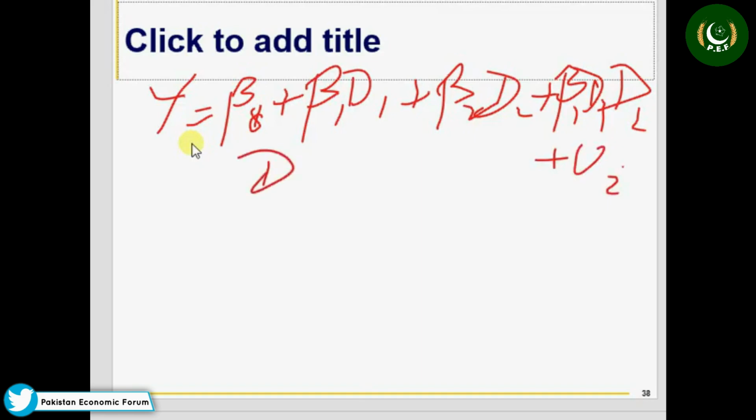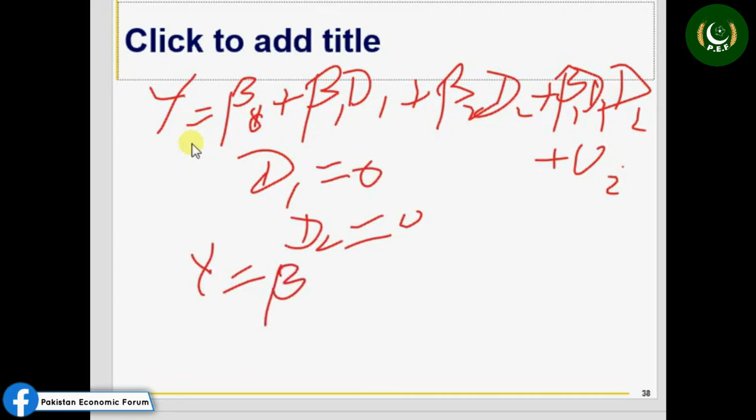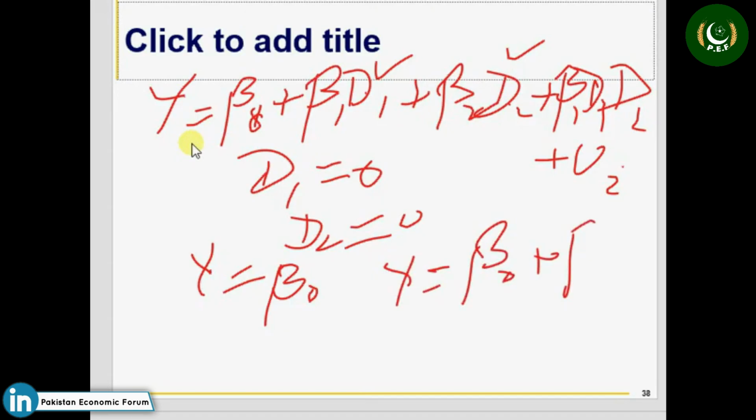So what do we say? When d1 is 0 and d2 is 0, meaning undergrad and female, you have only y equal to beta naught. If d1 is 1 and d2 is 0, graduate and female, y is equal to beta naught plus beta 1, and the interaction term will be 0 because d2 is 0.